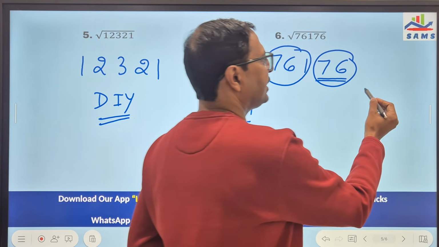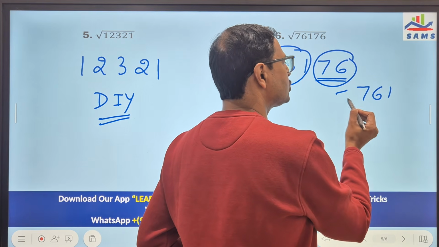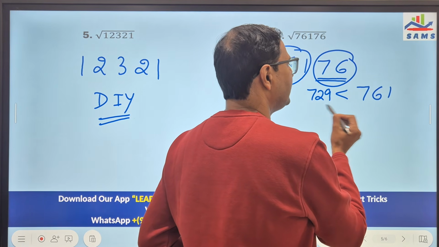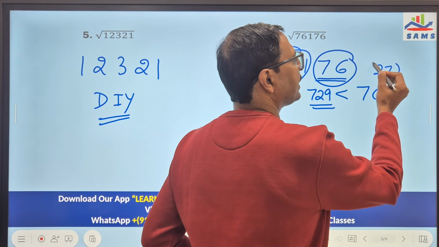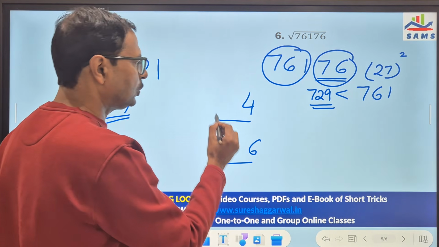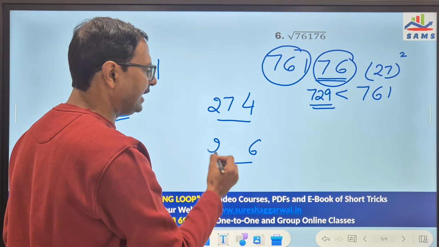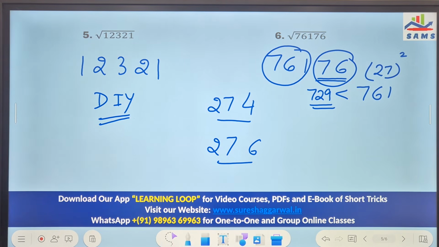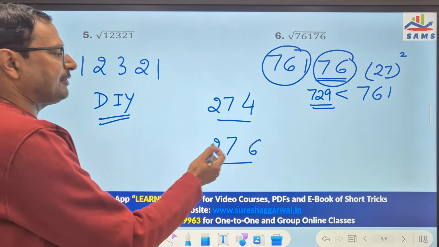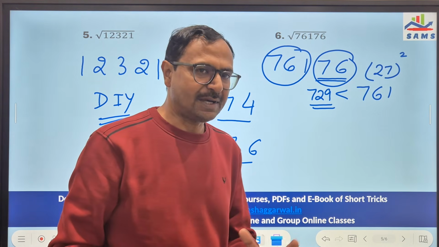Now 761 is close to 729, which is 27 square, and so 27 is the remaining part of the answer. 274 or 276, one of them is the final answer.